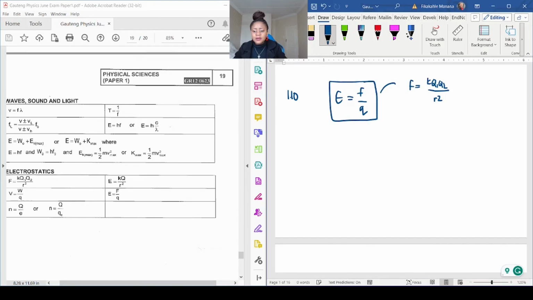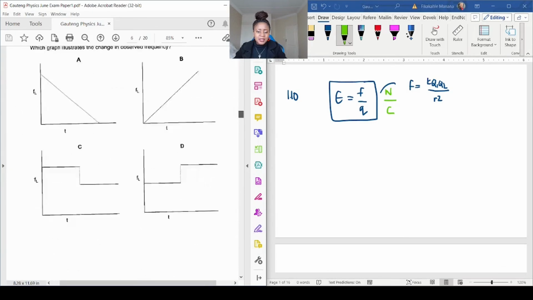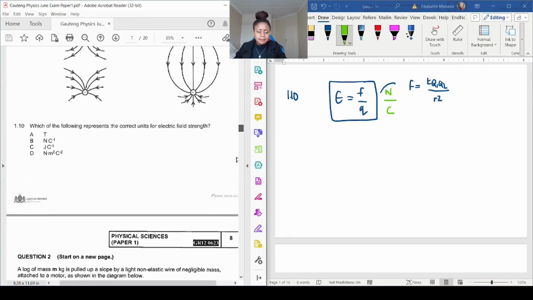And the unit for force is Newton, right? So I'm going to put it there. And the unit for charge is Coulomb. So going up again, finally finishing this question. A, no. B, Newton per Coulomb.